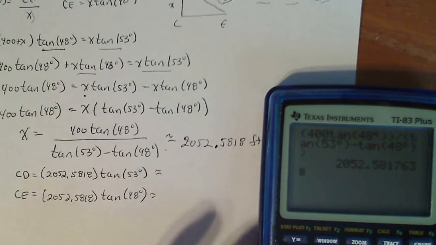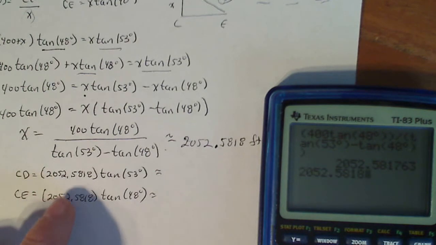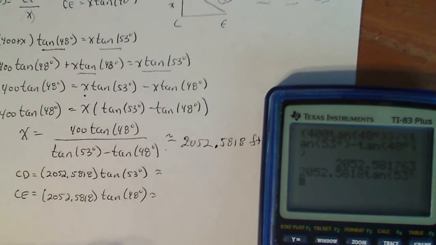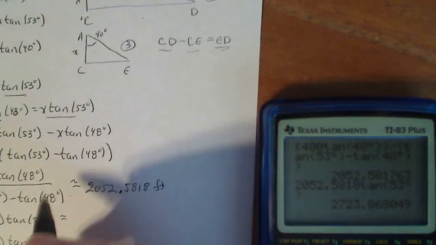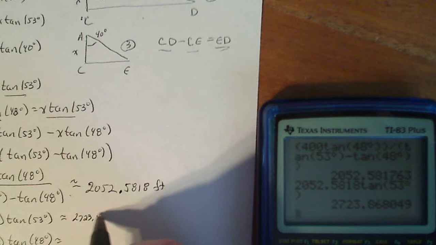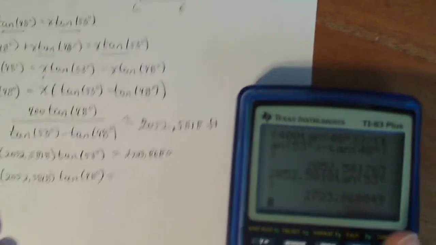I'm going to take the answer, well, let's just write down this. 2052.5818 times tangent of 53 degrees gives me 2723.86. Let me just write this down. 2723.8680.